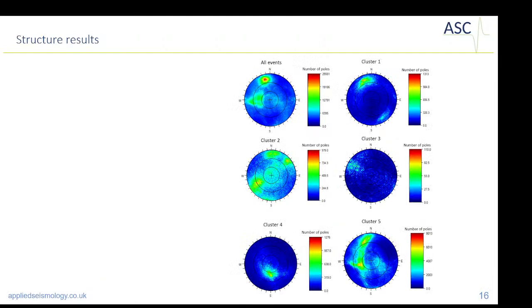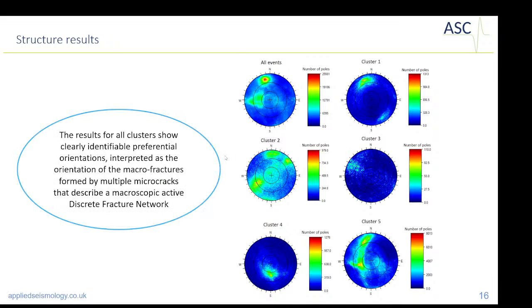So these are the results that we got, analyzing all events as a total and each of the individually identified clusters. The results show that there is a clear dominant orientation for each of them. Cluster 3 was more random, with no clear orientation found in it.